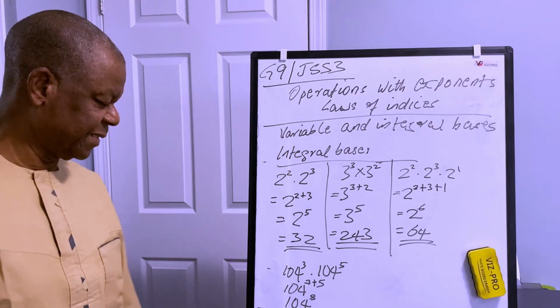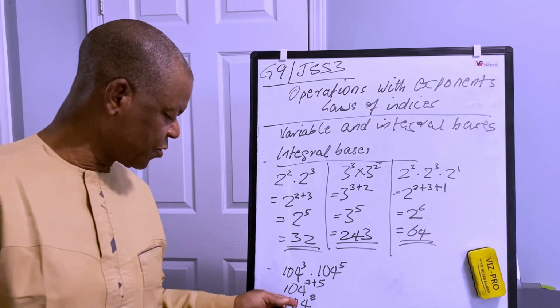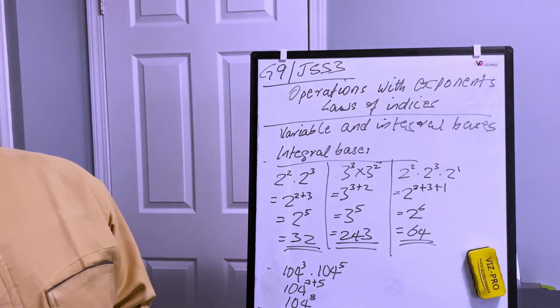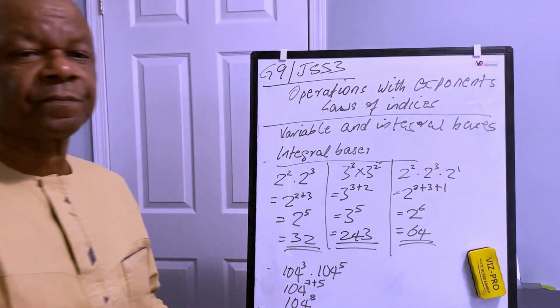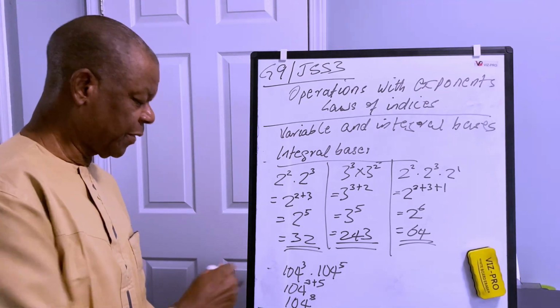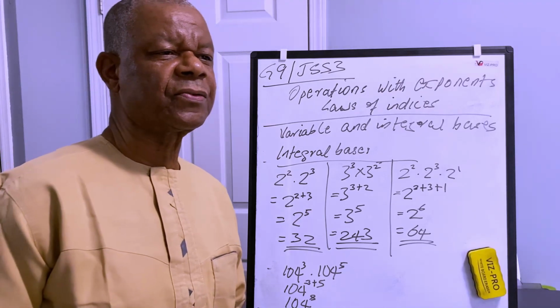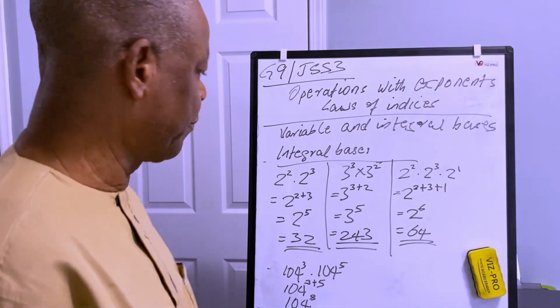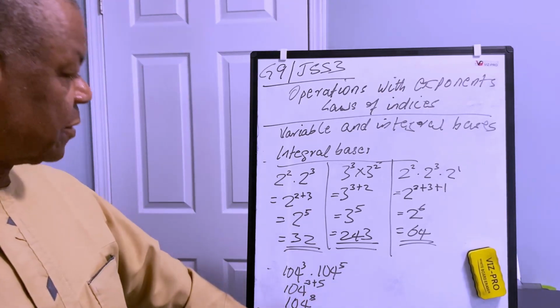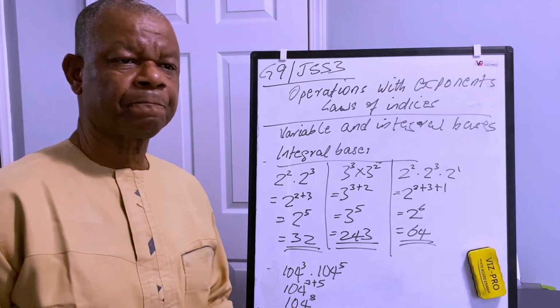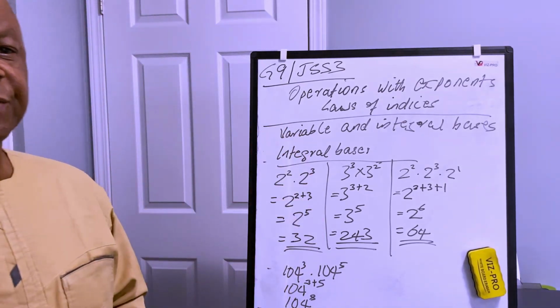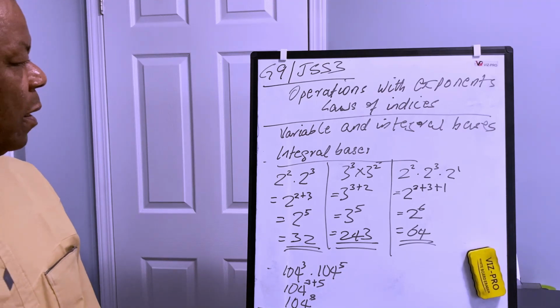We can't go beyond this. There's no need of raising 104 to power 8, because the value is not a manageable number. It would need a calculator or computer, and there's no need for that. You stop at this very point. That is for the first law.